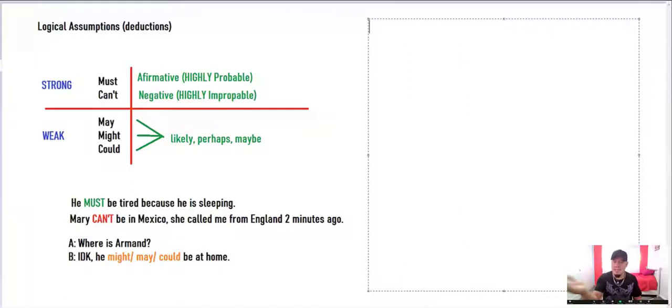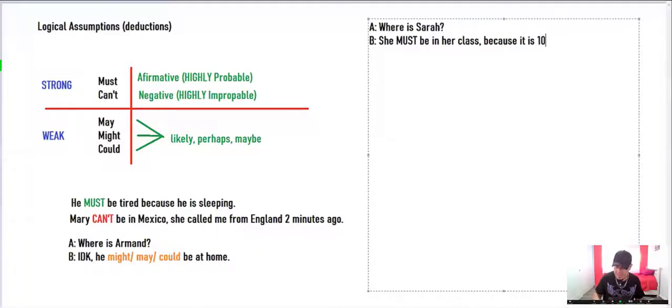Let's use the previous example. Now let's say, where is Sarah? Again, person A is asking for Sarah, right? And person B says, she must be in her class because it is, I don't know, 10 o'clock. So she has classes at 10, right?